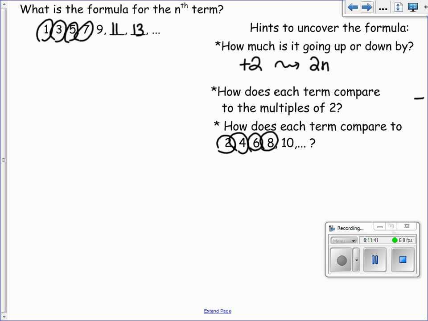So if I work my way out to the nth term, I've got multiples of 2, but the sequence is shifted down 1. So the formula, 2n minus 1? 2n minus 1 seems like it might make sense. But you don't want to just put your answer down and stop. You want to check and see.